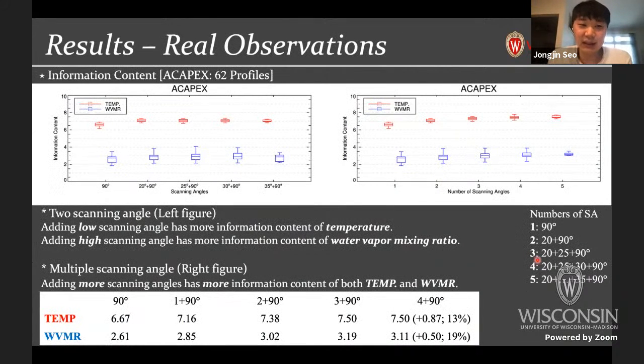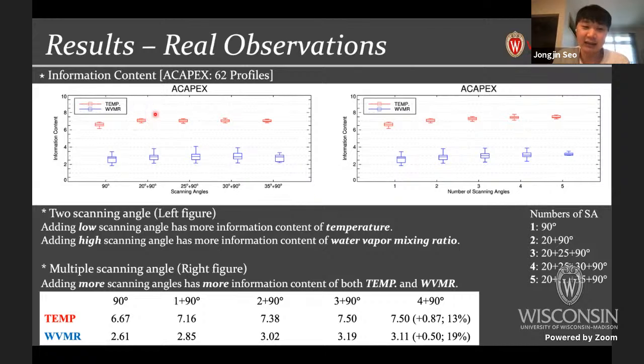And next result is about real observations. So the first result is box plot of information content at 2 scanning angle test and multiple scanning angle test. So first, at 2 scanning angle test, there is the same result as the synthetic experiment.